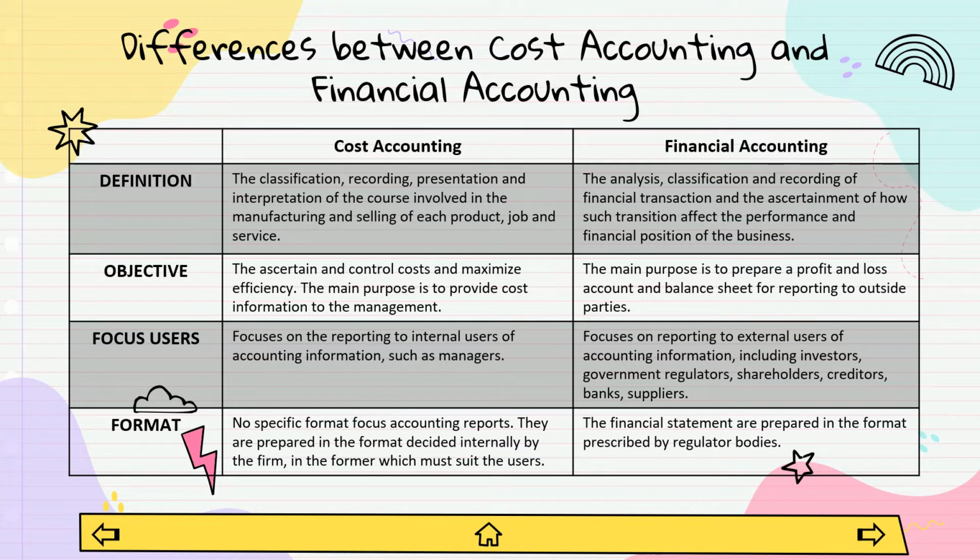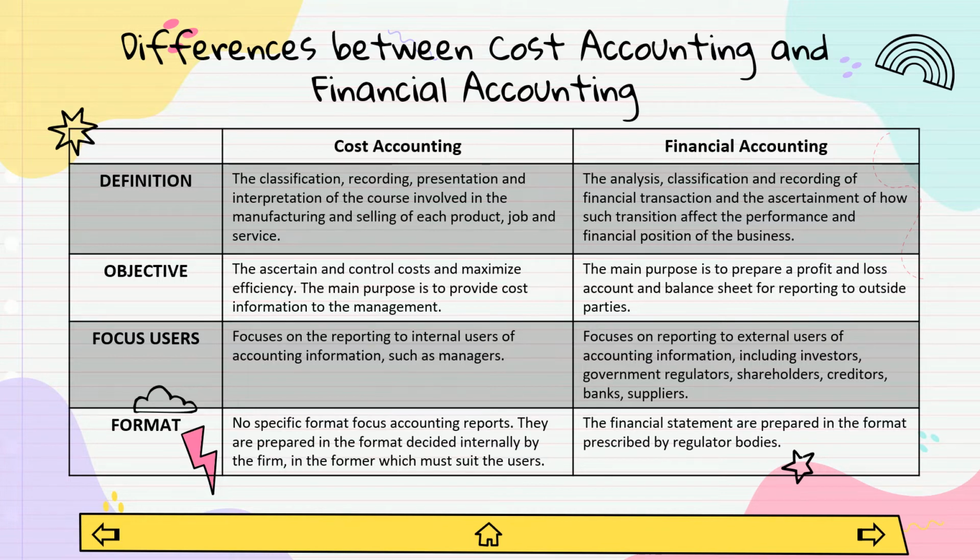The second one is objective. For cost accounting, to ascertain and control costs and maximize efficiency. The main purpose is to provide cost information to the management. For financial accounting, the main purpose is to prepare a profit and loss account and balance sheet for reporting to outside parties.